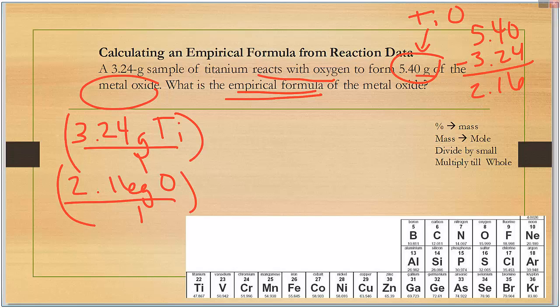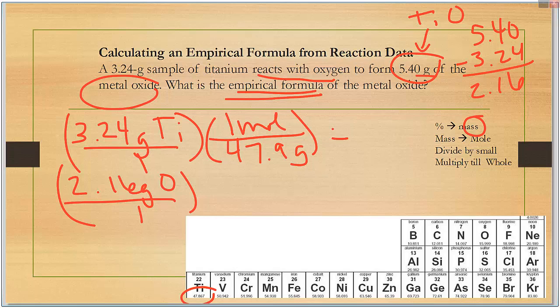Mass to mole, titanium is right here, 47.9. Divide that out and it comes out to be 0.0676. Oxygen is here, 16. Divide that out and it comes out to be 0.135.